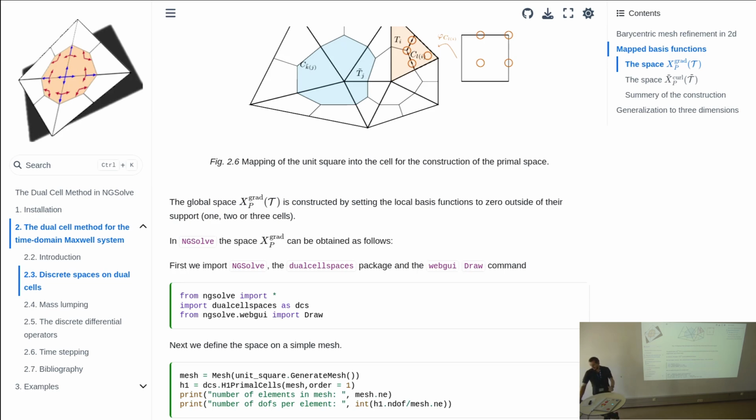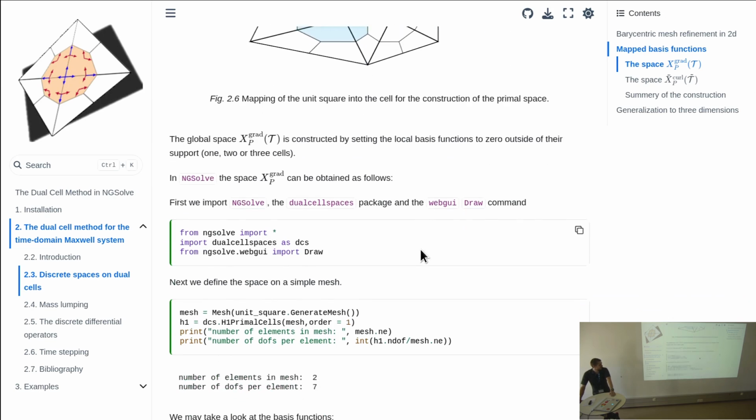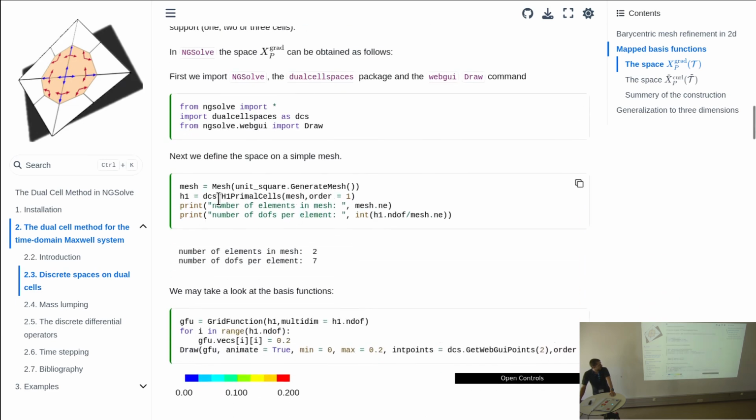So in NGSolve, the only thing that is mainly missing are these spaces because they are very non-standard and they are not included. So we had to implement these spaces. And these spaces are implemented in this extra add-on package, dual cell spaces, which we can just import. And okay, we can look at our spaces.